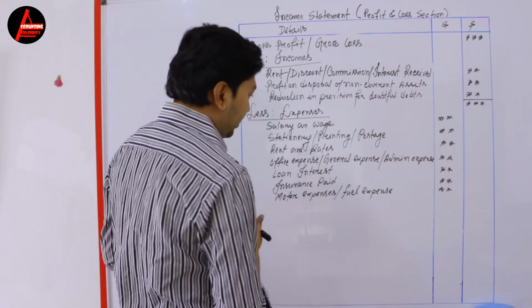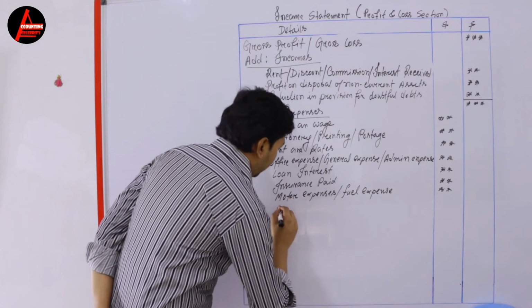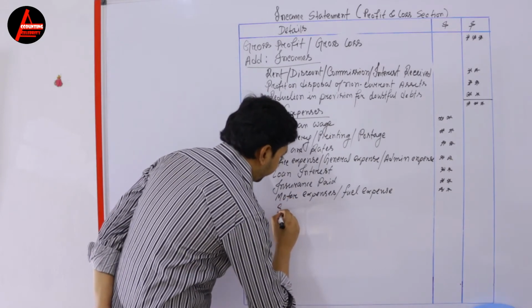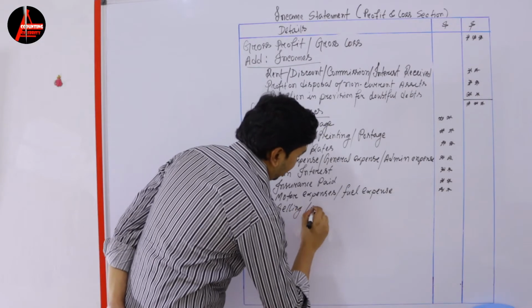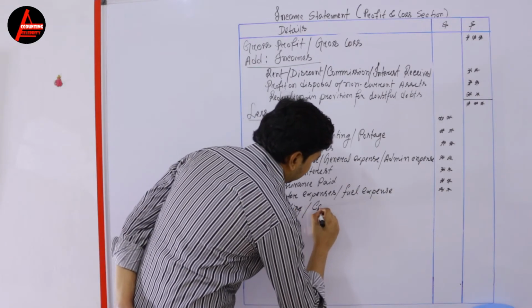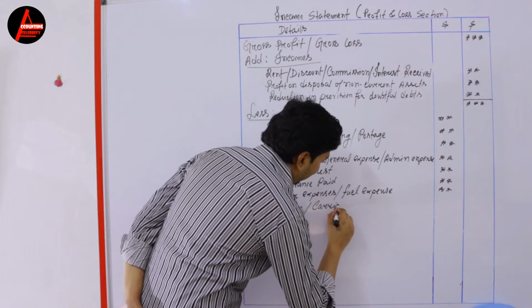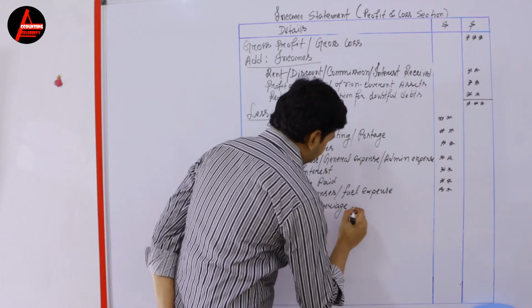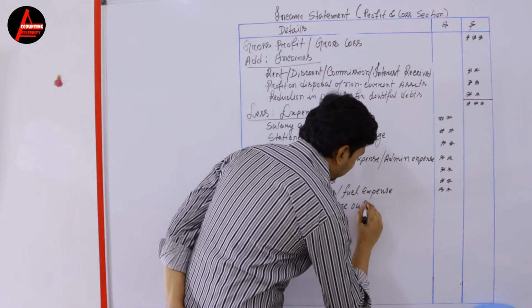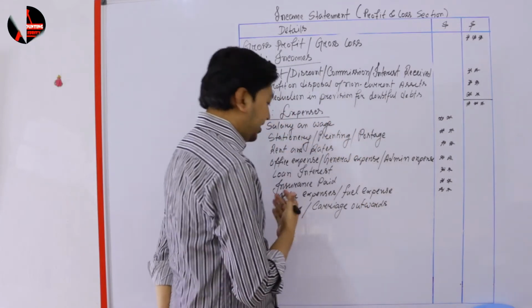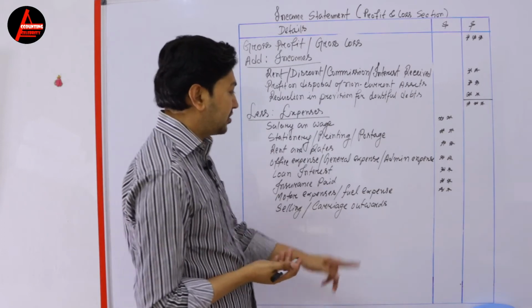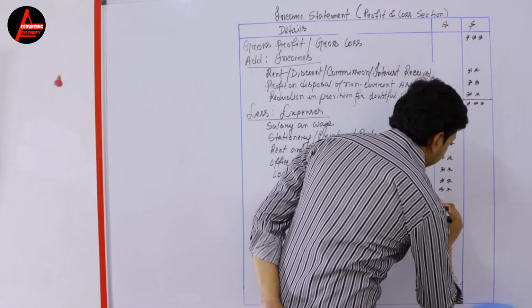If you have selling expenses or advertising, selling or carriage, carriage outwards. If you have selling expense or carriage outwards, write in the expense section.